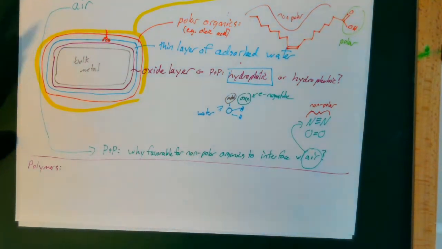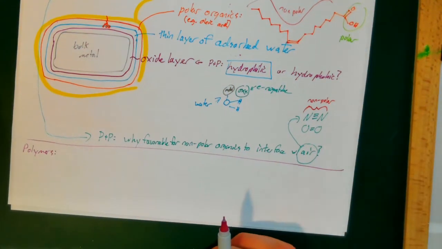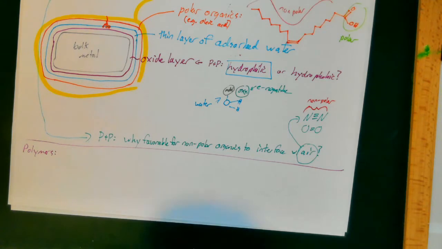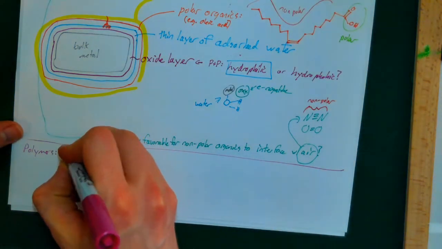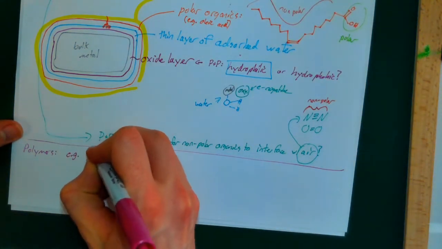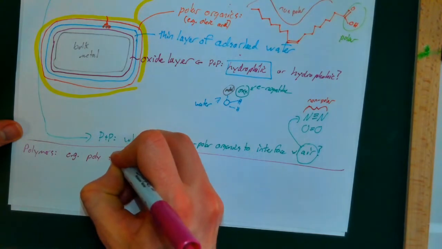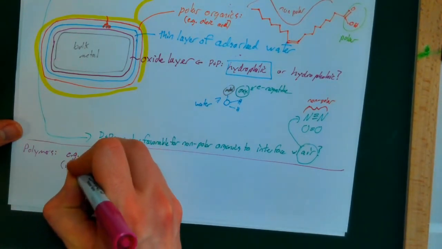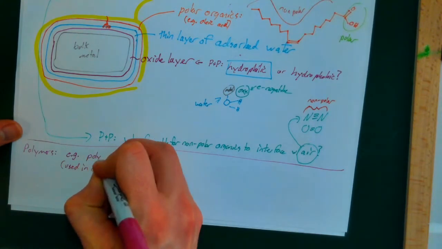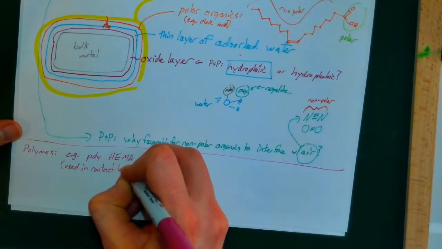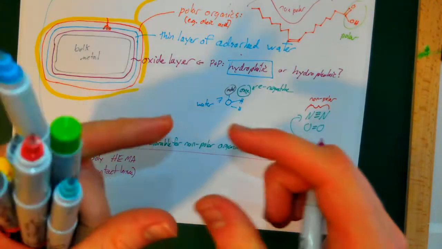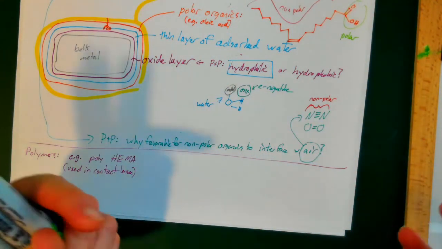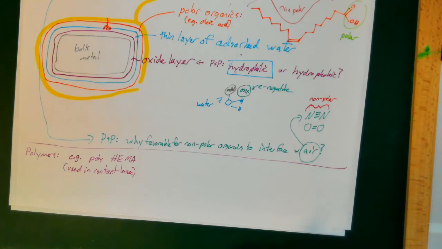Obviously this isn't necessarily true for all polymers, but one example of a polymer is polyHEMA, which is used in contact lenses. It's that sort of clear gel. It forms a hydrogel when it absorbs water.